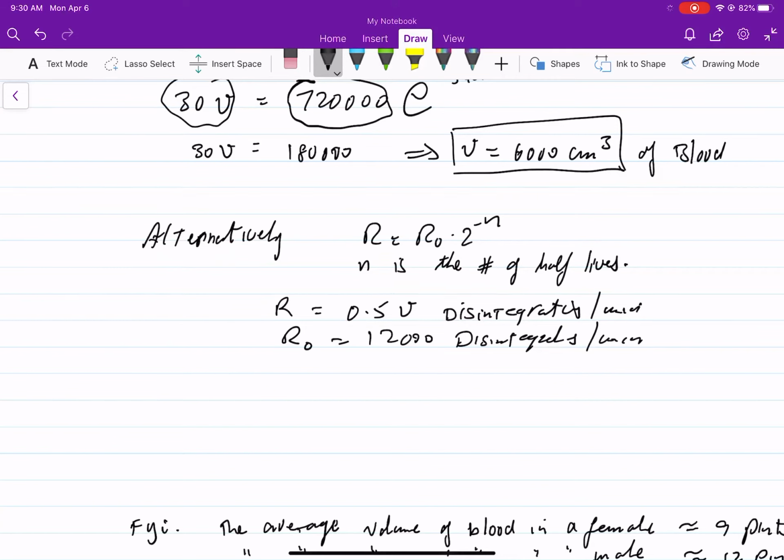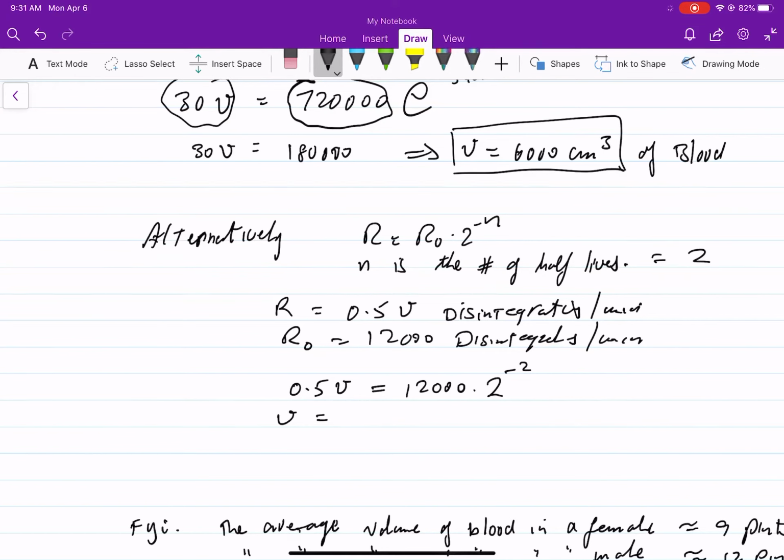So if I plug in, I'll get R, which is 0.5 V, is equal to R0, which is 12,000, times 2 to the minus 2. The number of half-lives is 2, so that's 2 to the minus 2. Therefore, V is equal to, 0.5 is a half.